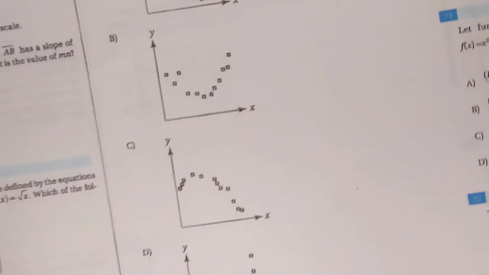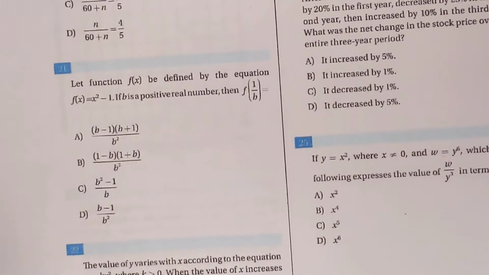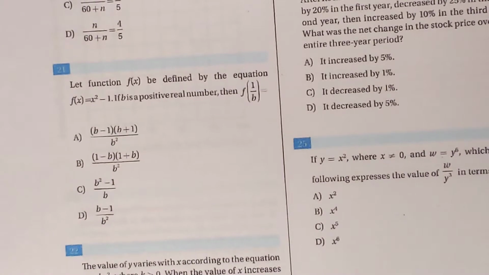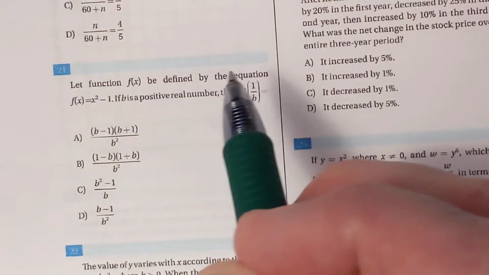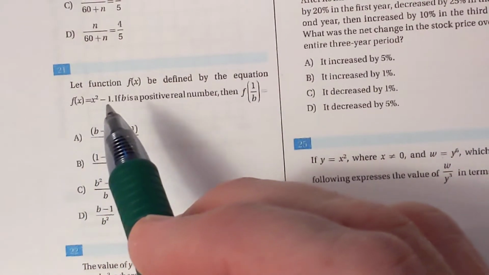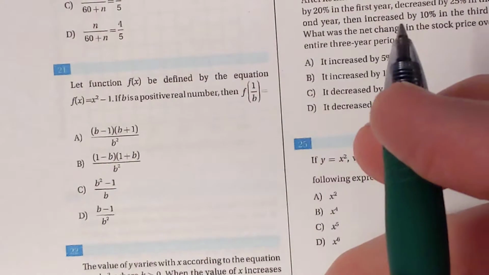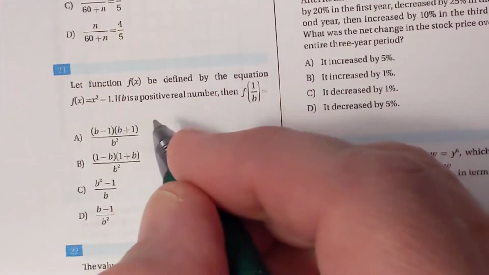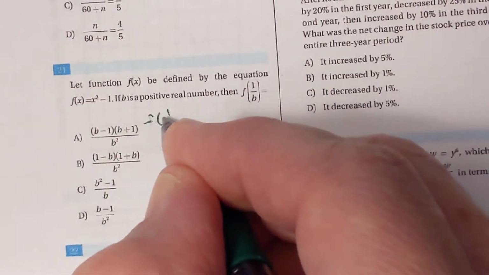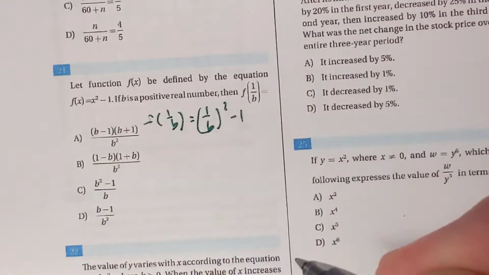All right, number 21. This is the kind of question that I really love because it's simple algebra, and as long as you know your rules, there's nothing to it. Let f of x be defined by the equation f of x equals x squared minus 1. If b is a positive number, then find f of 1 over b. So you're just plugging it in, right? That shouldn't be a big problem. So f of 1 over b is 1 over b squared minus 1.